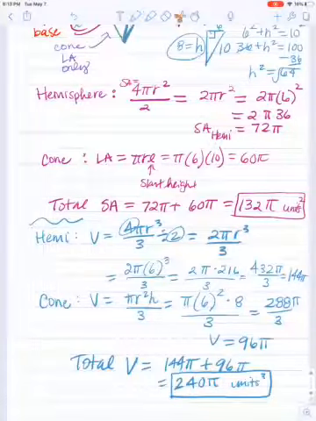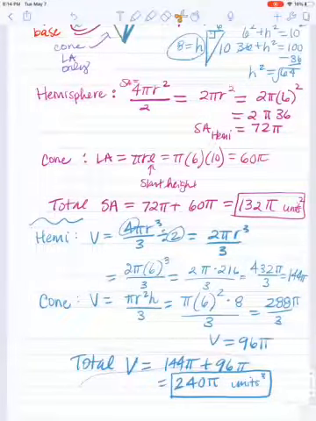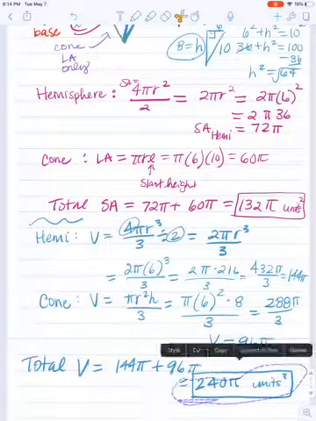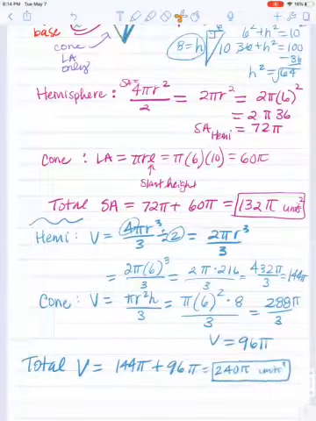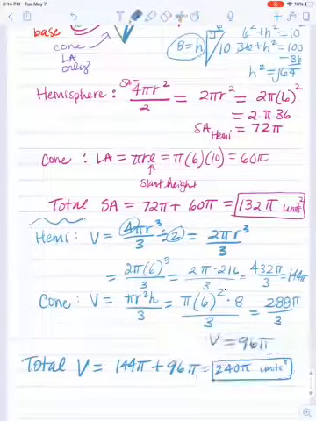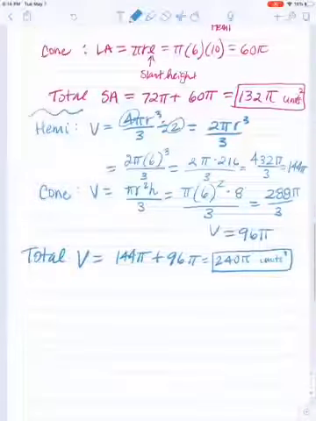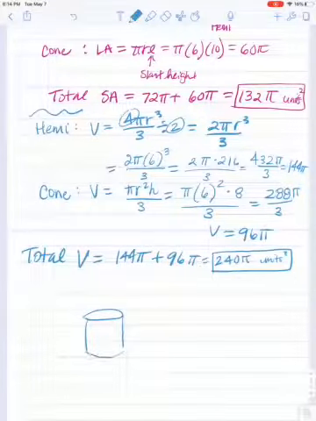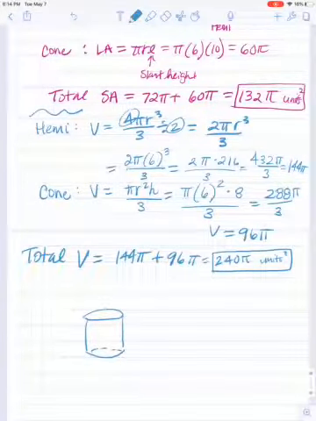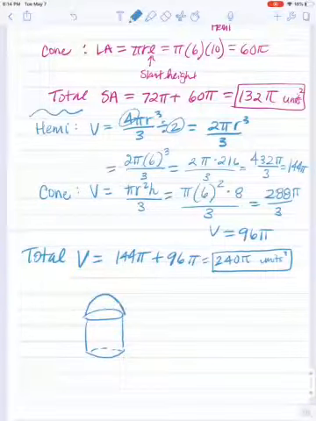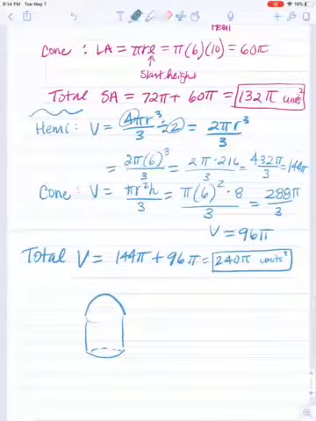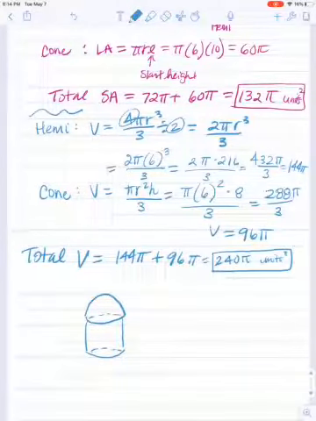Woohoo! Wasn't it so much fun? Just things to keep in mind when you're doing composite figures, or figures that are combined together: if you have something like a cylinder with a hemisphere on the top, it'll look kind of like this.